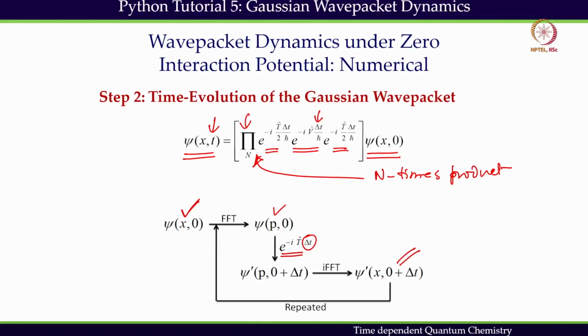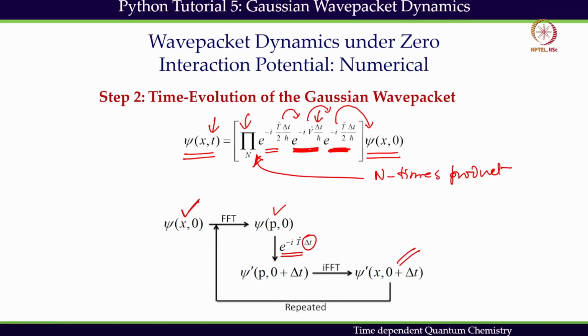We have seen that initially this part has to be acting on this, then this part will be acting on the resultant part, then this part will be acting on the resultant part. But when I am employing this potential part, the potential part has to be carried out in the position space, and the kinetic part of the propagator is carried out in the momentum space. That we have already understood.